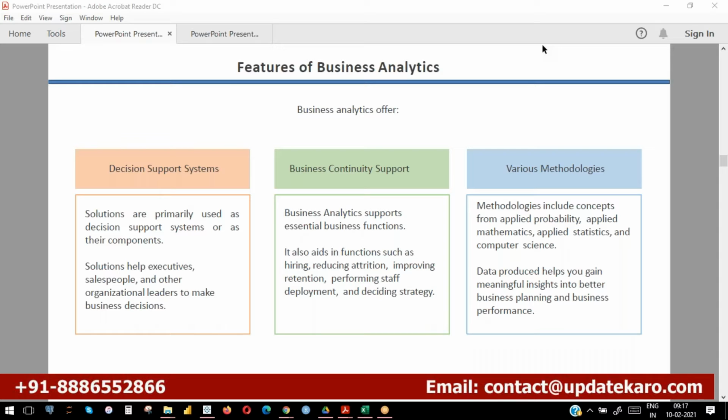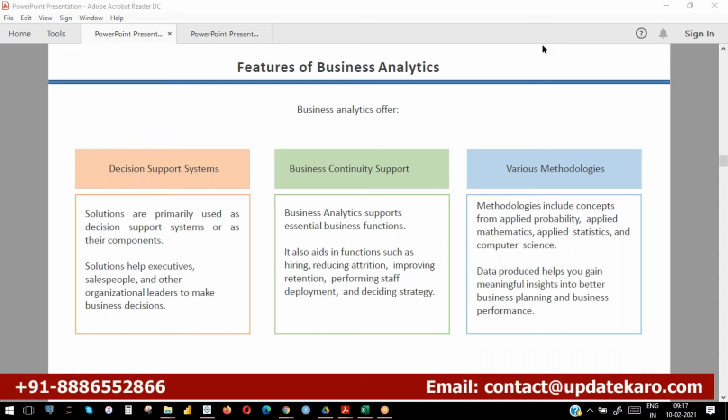So this is given by decision support systems. Through decision support systems, you understand the trends and patterns, which will help you take the right decision. So that is decision support systems.